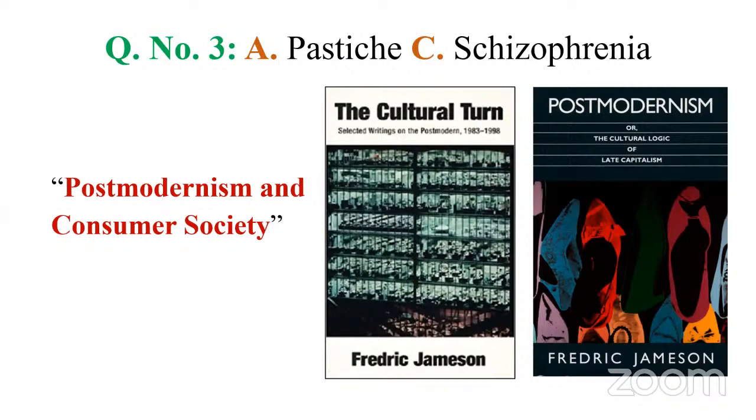And what is this feature? Number one, pastiche. What is pastiche? When we say pastiche, we have this word, paste. You collect a lot of things here and there, and you paste them together. So you combine them together. In the sense, pastiche refers to imitation of previous authors or pre-existing styles of writing.